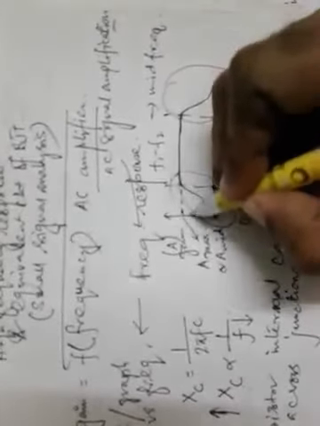So we can say that at these two frequencies F1 and F2, if this is the voltage gain denoted by A max or A mid at the mid area, that is between F1 and F2, it is called the mid frequency region. Now at F1 and F2, the gain will be found as follows.